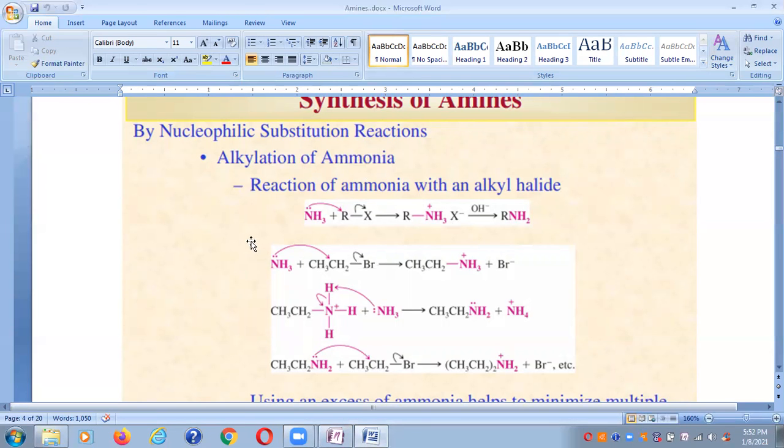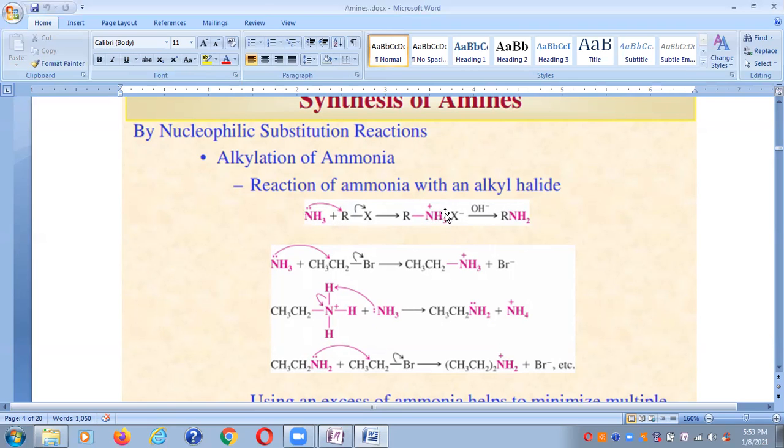Okay. So how does it happen? When ammonia is treated with alkyl halide, due to the presence of the lone pair of electrons, it attacks the alkyl part, and thereby this bond completely shifts or migrates onto the halide, so X becomes X minus. At the same time, when it donates its lone pair of electrons to the alkyl part, it acquires a positive charge.